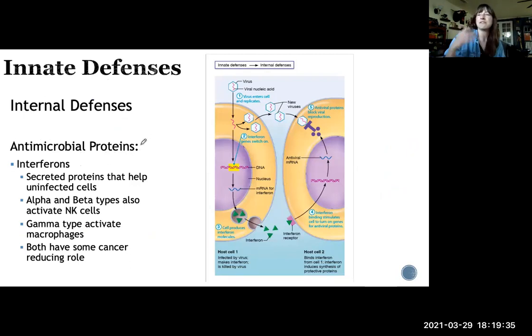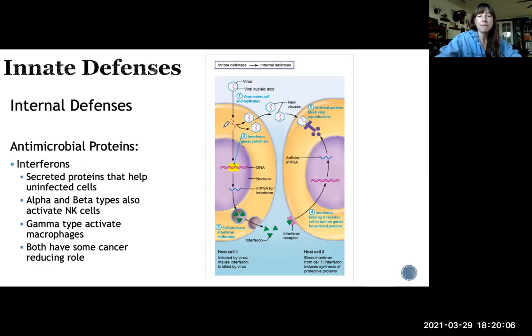So not only do you have cells like macrophages and other phagocytes, or natural killer cells, that are there to kill pathogens, you also have proteins that can impede pathogens, kind of like a citizen's arrest. They're going to hold them in place or bother them to the point where they cannot do harm to other cells.